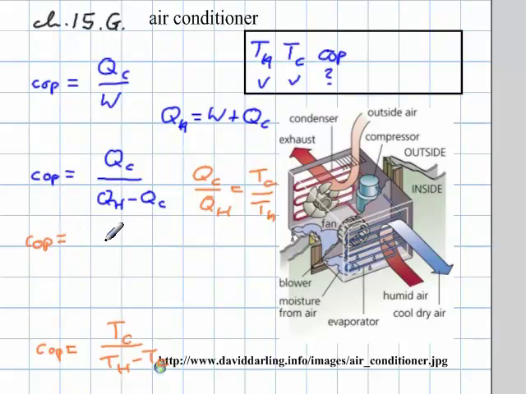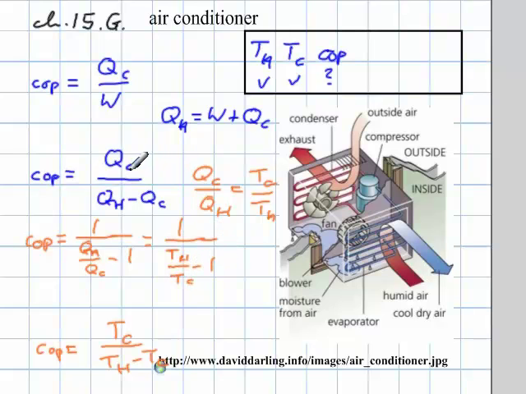COP equals, for example, I can divide all of this by QC, and then I'm going to have 1 divided by QH over QC. As long as I divide both the numerator and the denominator by the same number, I haven't changed anything. Now here I can plug in TH over TC.